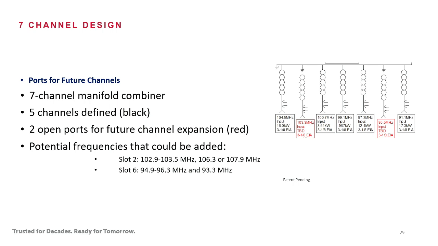So, for example, you can design a 7-channel combiner. You can only put those first 5 in there right now, but you can have the appropriate U-links ready for when you want to add those other channels. And it'll tell you here even what the range of possibilities are for those other channels. For example, maybe you want to have a spare filter on hand in case something happens.